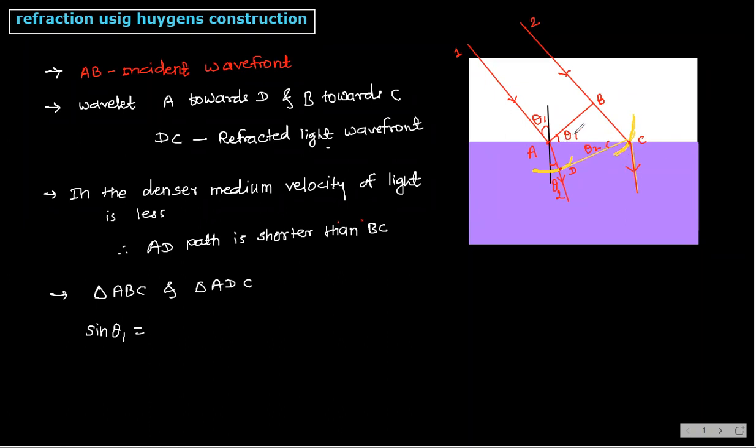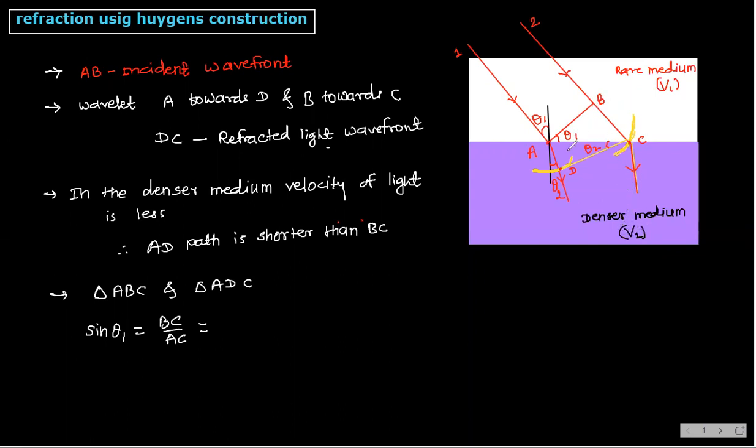Tell me sine theta 1, what you will get? BC by AC. Now this BC, if suppose here you concentrate, this is suppose rarer medium I am taking, and velocity of light is phi1 here. And below you can see this one is denser medium. And let us suppose in this the light is having velocity phi2, right?